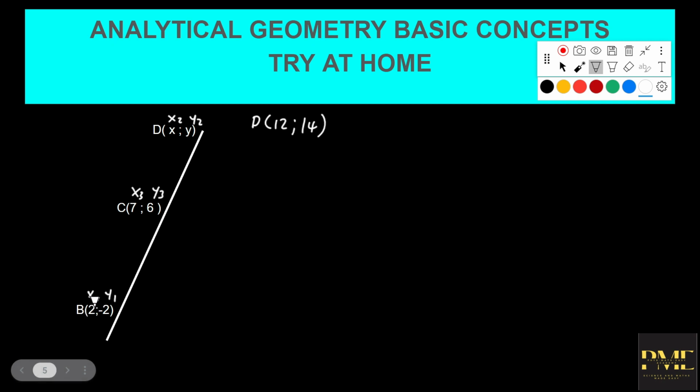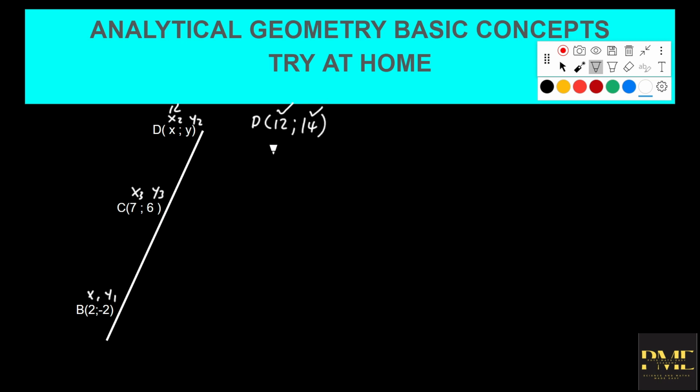From 2 to 7, what do we do? We add 5 units. Then from 7 to the next coordinate you do the same thing, so 7 plus 5 is 12. Then from -2 to 6, what do we do? We add 8, because the difference between -2 and 6 is 8. We do the same thing to move from 6 to y2, so 6 plus 8 equals 14. So as you can see guys, here are our coordinates.